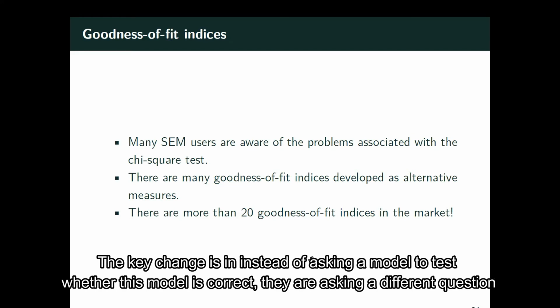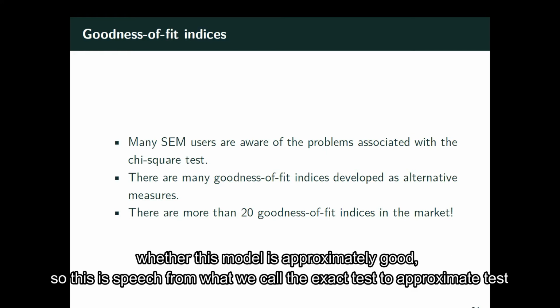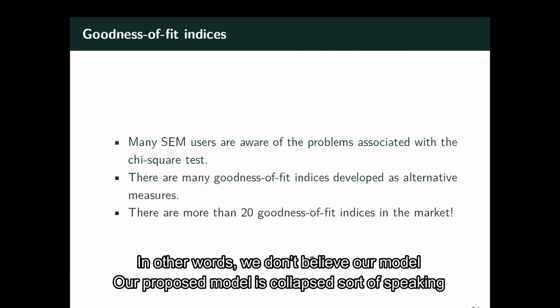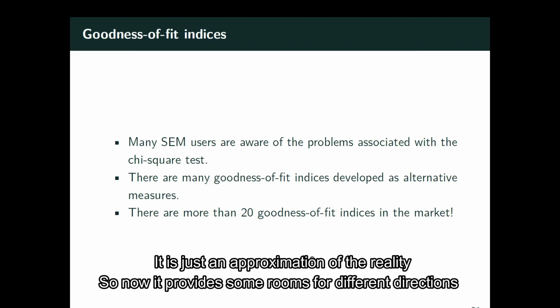The key change is that instead of asking whether this model is correct, they are asking a different question, whether this model is approximately good. Okay, so this is a switch from what we call the exact test to an approximate test. In other words, we don't believe our proposed model is correct, strictly speaking. It is just an approximation of the reality.